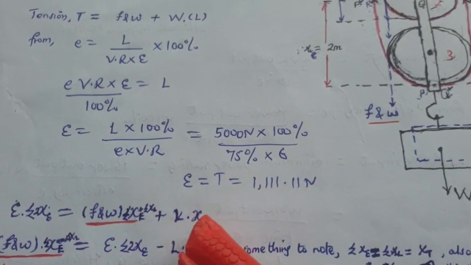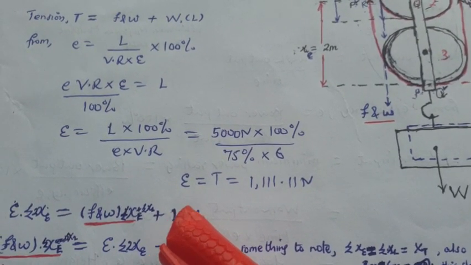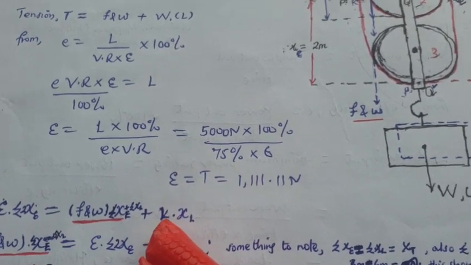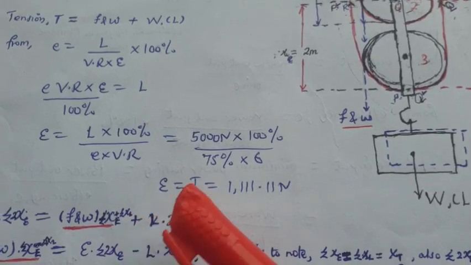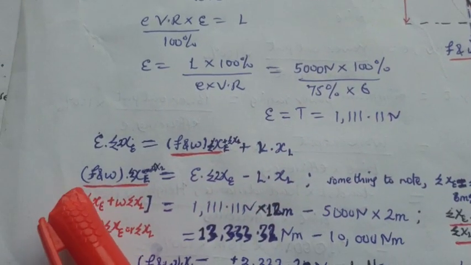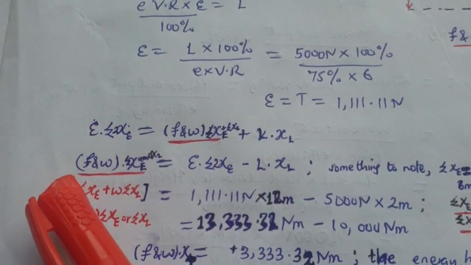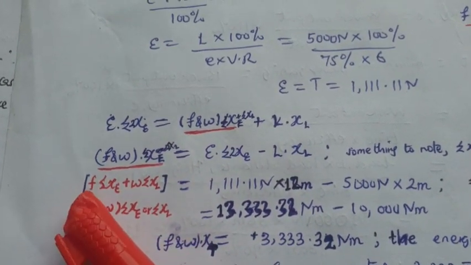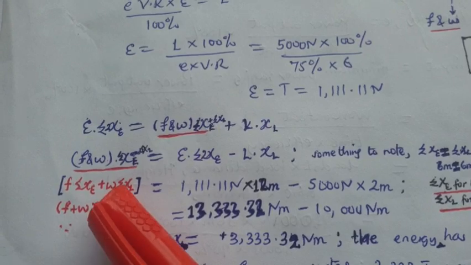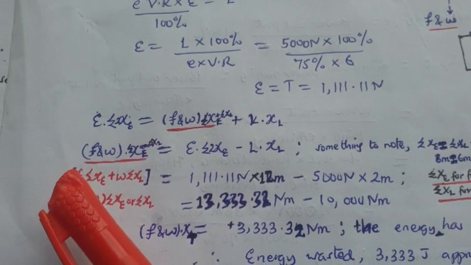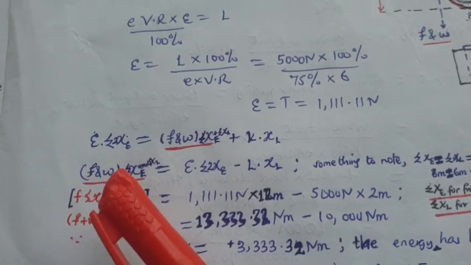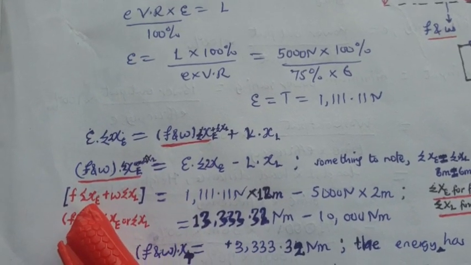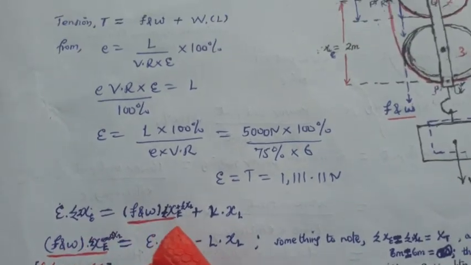Then we add the work done on the load, by taking the load distance times the load itself. Now for a clear explanation of the energy wasted as friction and as the weight of the pulley, we must take the friction force times the sum of the distance covered.